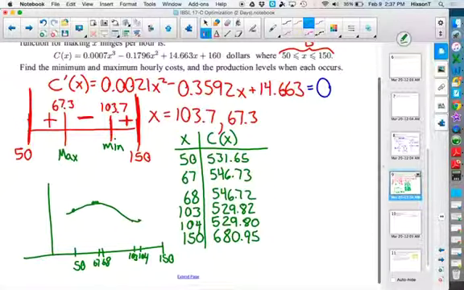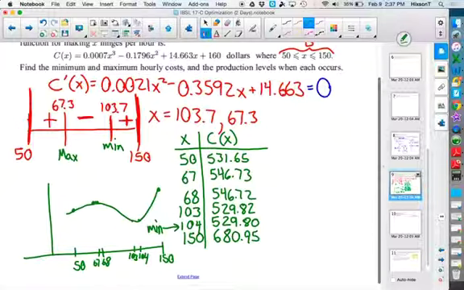It's gone up quite a bit. So our minimum hourly cost is going to occur when we produce 104 hinges. Now, it's a min by 2 cents over producing 103, but still.